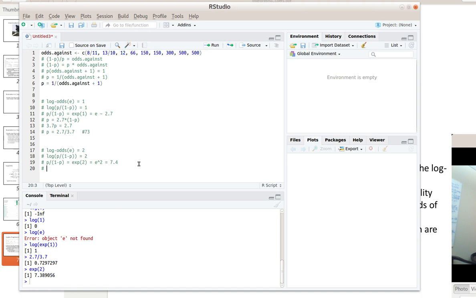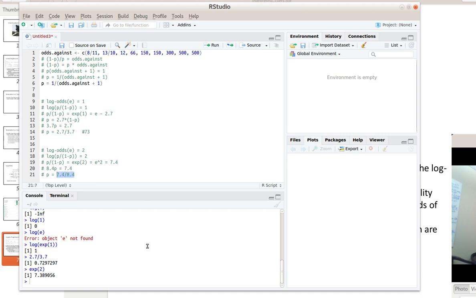So that means that 8.4 times P is equal to 7.4, sorry, which means that P is equal to 7.4 divided by 8.4.